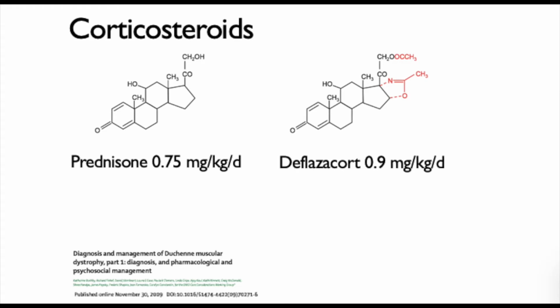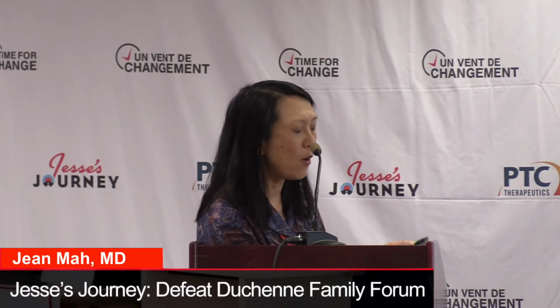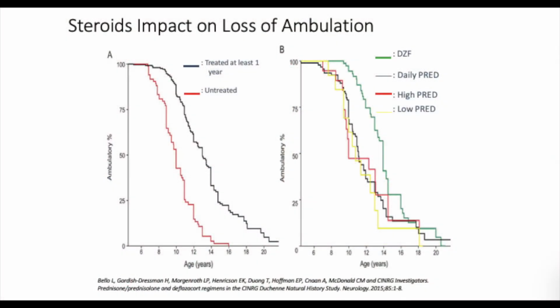So if we talk about treatment, right now still corticosteroids, prednisone, deflazacort remain cornerstone, and we recognize this from the first standard of care document in 2010 that it plays a key role in maintaining function and delaying the progression of the disease. This is an example of how we can see a comparison of boys on treatment in black compared to those who were not treated.